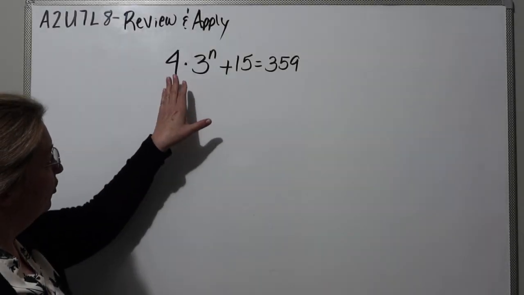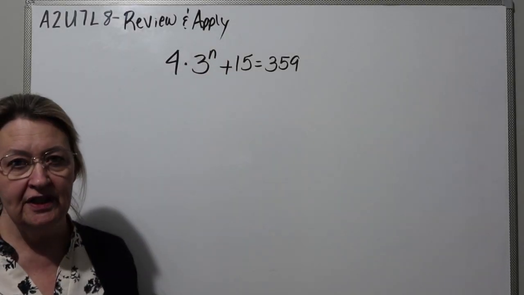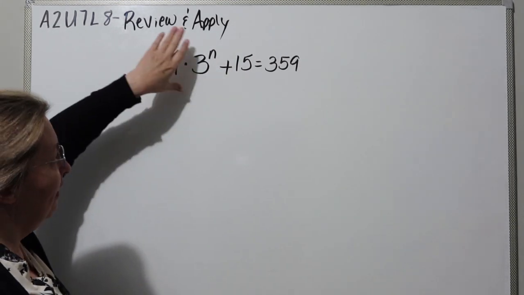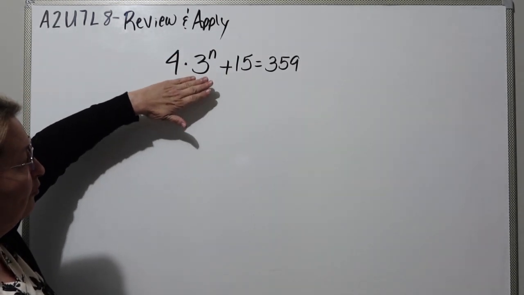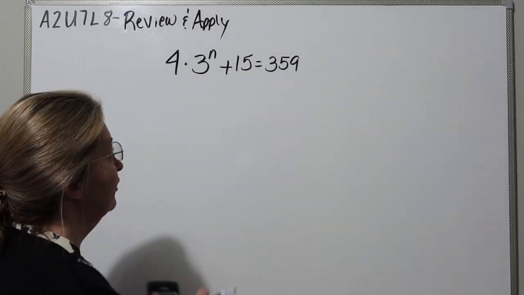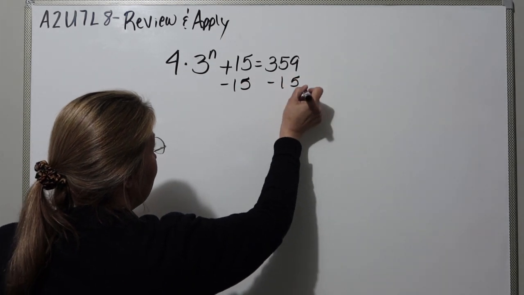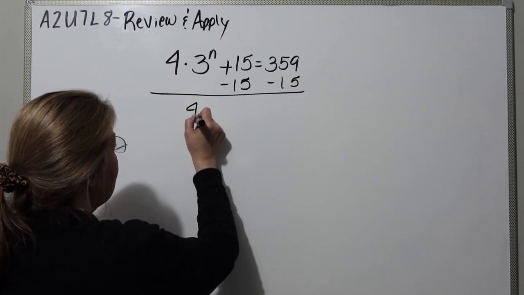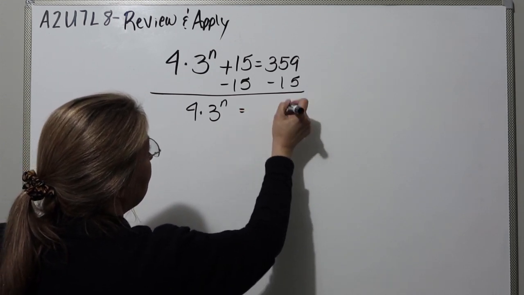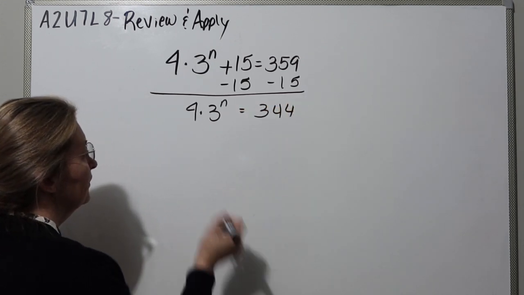So here we are, 4 times 3 to the n plus 15 is equal to 359. So, just like solving a regular equation, let's isolate the part that has the variable first. And you get rid of the number that's added to or subtracted from first. So I'm going to subtract 15 from each side, and this is going to give me 4 times 3 to the nth power is equal to 344.